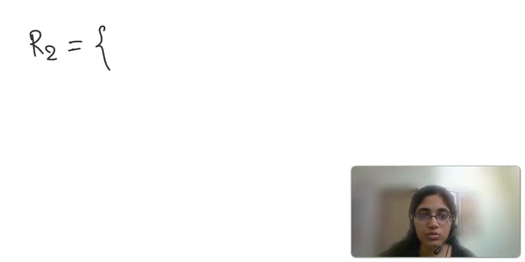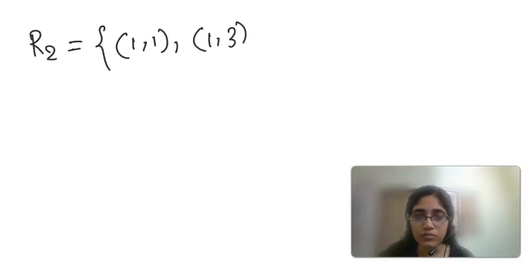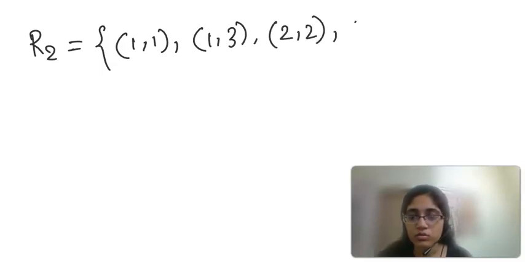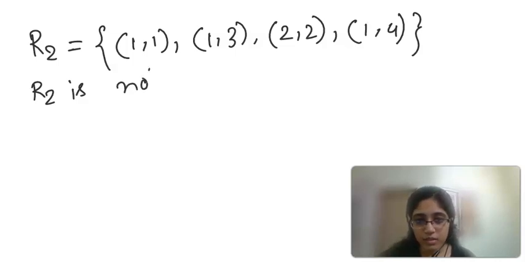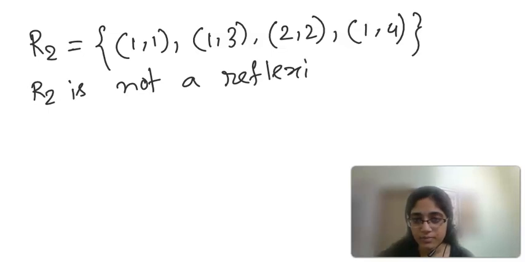Now see a non-example. Suppose R2 is equal to {(1, 1), (1, 2), (1, 3), (2, 2), (1, 4)}. Then R2 is not a reflexive relation.